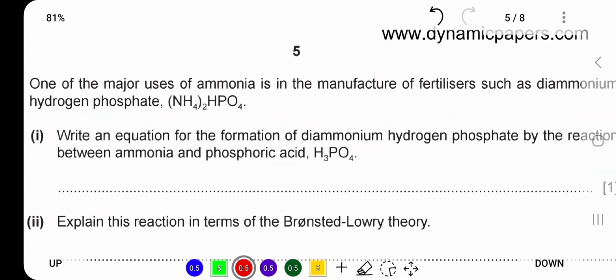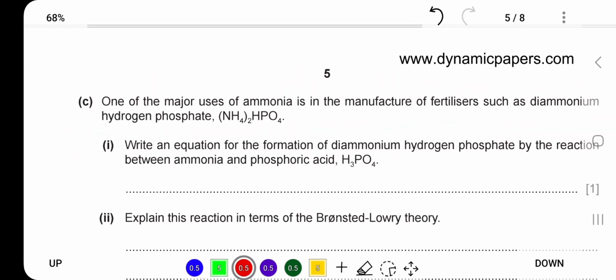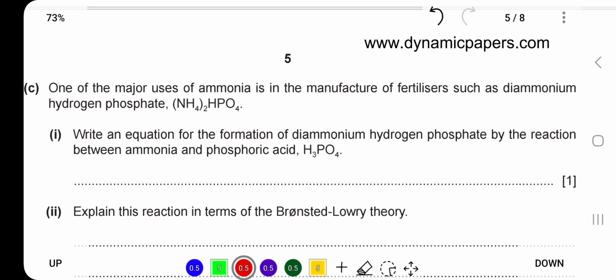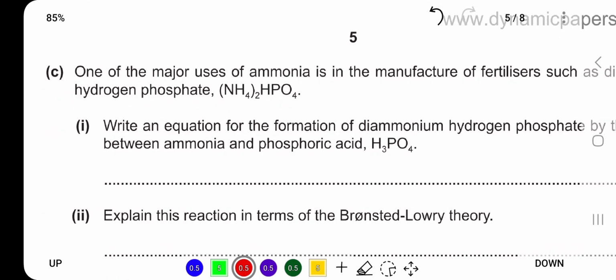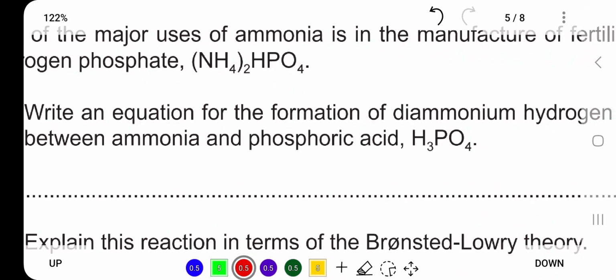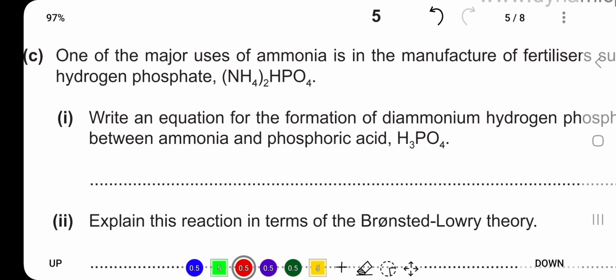Now, one of the major uses of ammonia is in the manufacture of fertilizers. Write an equation for the formation of ammonium hydrogen phosphate. Between ammonia and phosphoric acid.